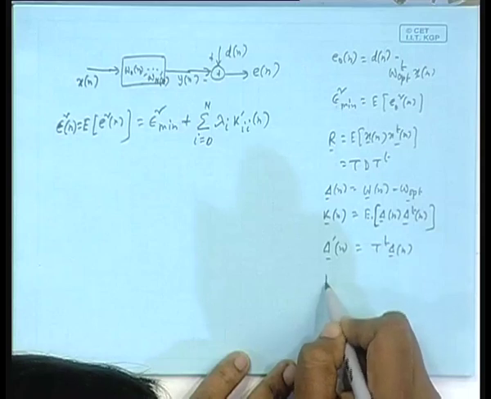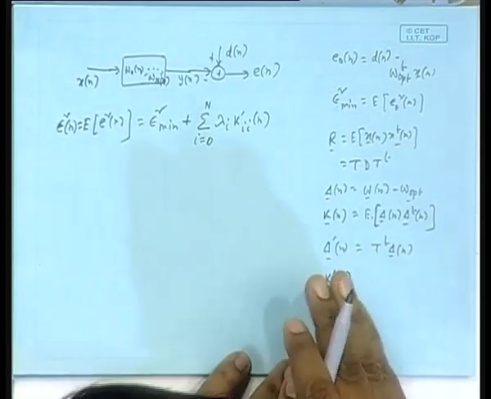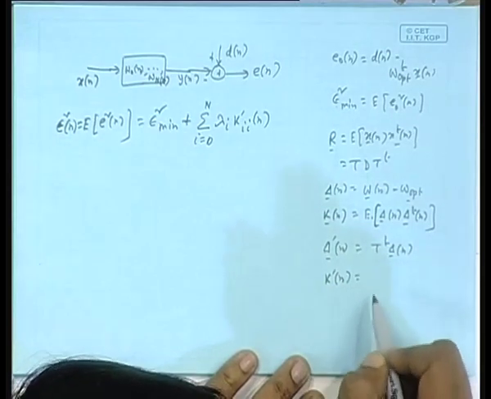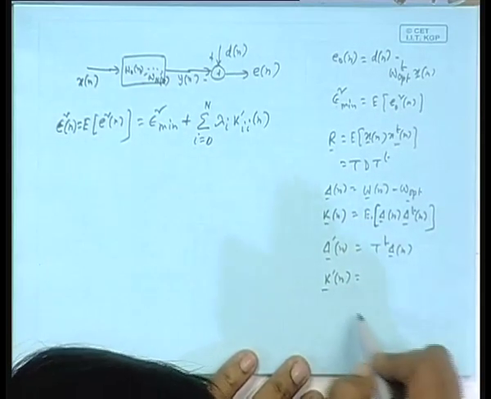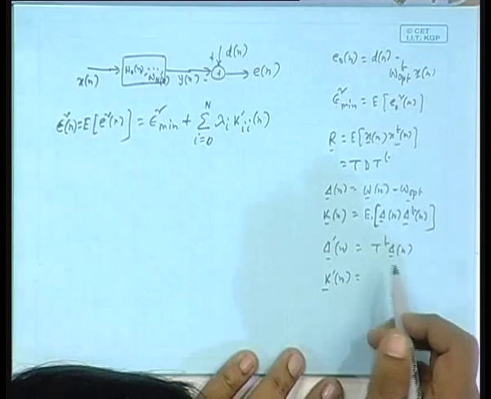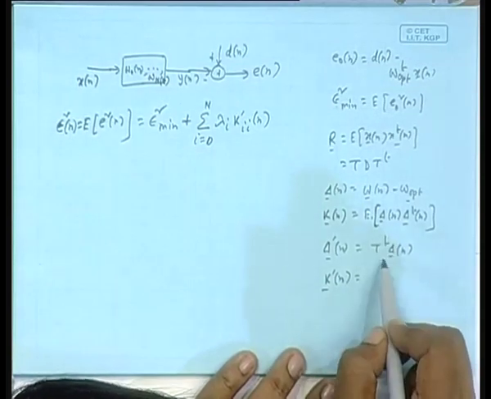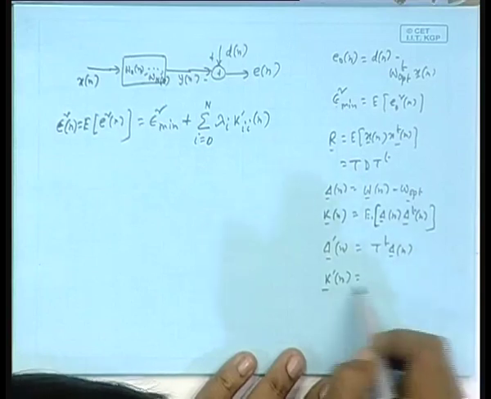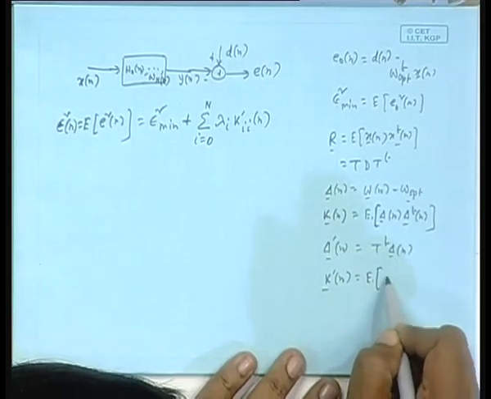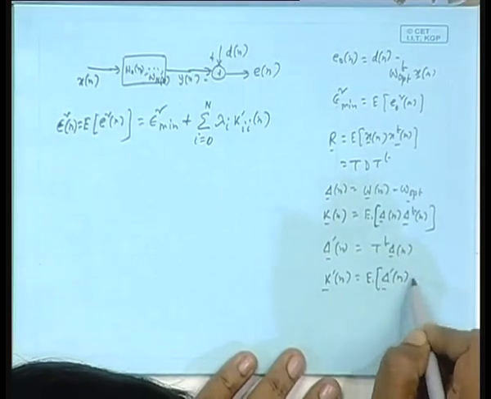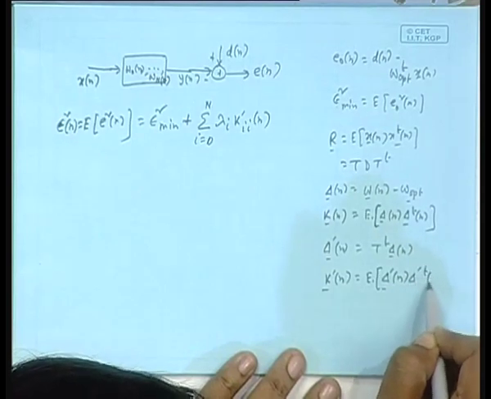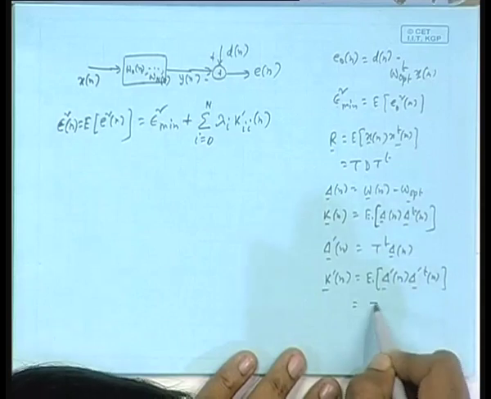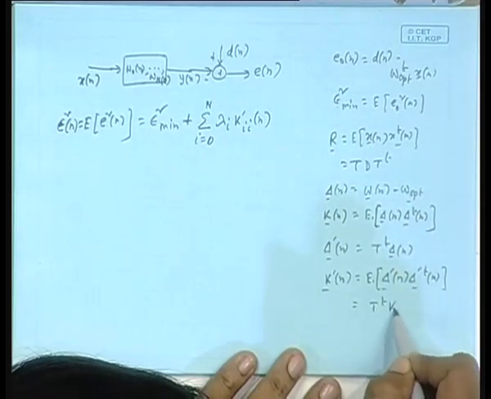Sorry, this is not diagonal, I made a mistake. What is k prime n? K prime n is E of delta prime n delta prime transpose n, isn't it? And if you replace delta prime n here, you will get T transpose K n T.